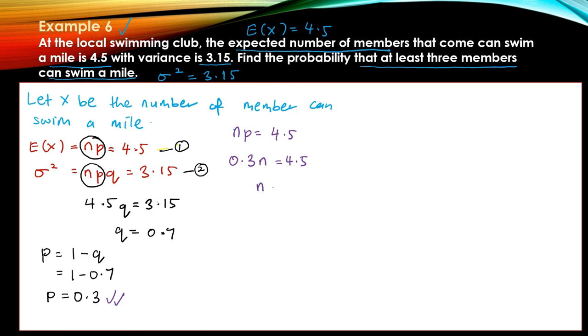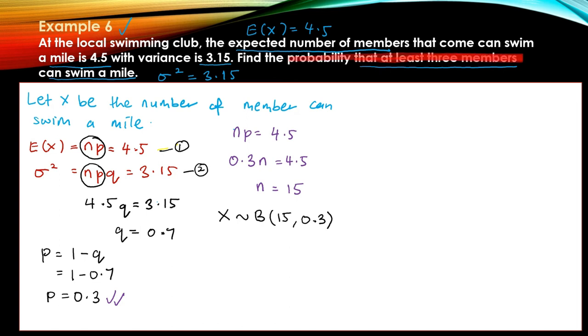So, our n will be equal to 15. Let's define our distribution, which is X distributed to binomial. Our n is 15 and our p is 0.3. It is compulsory for you to write this definition because it is your mark.